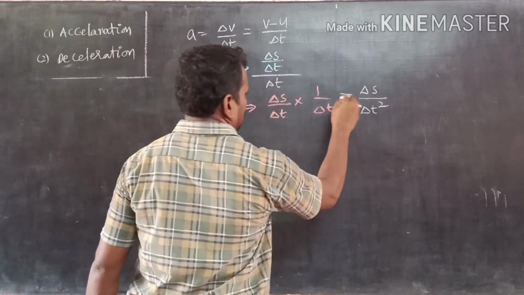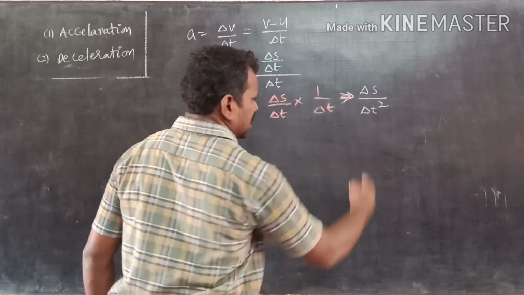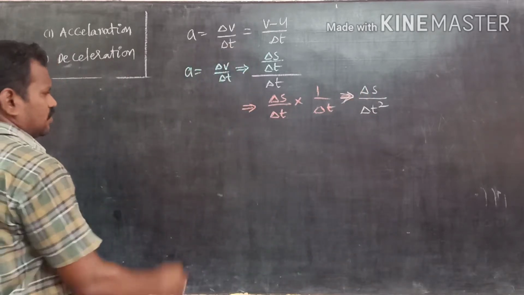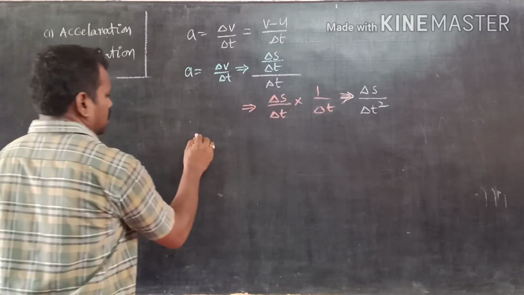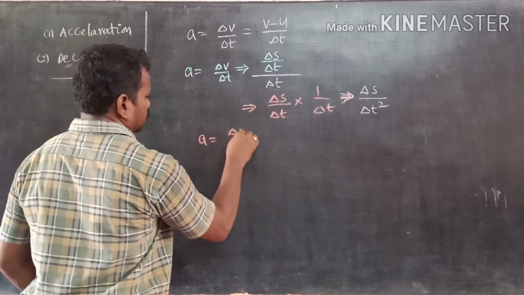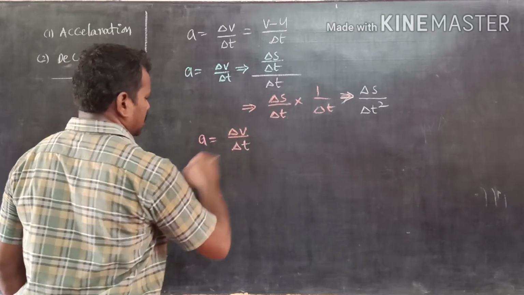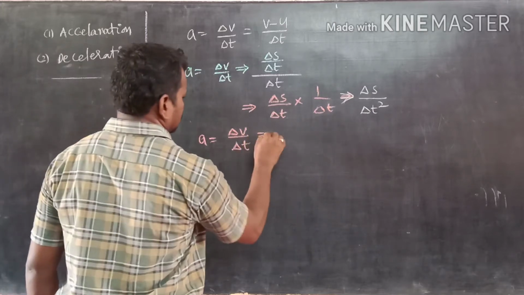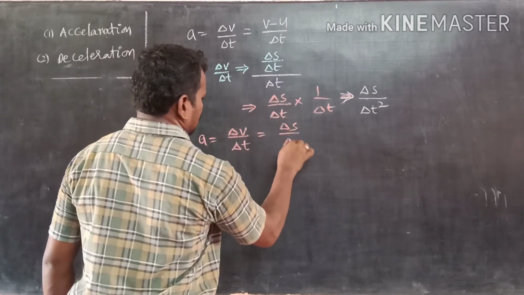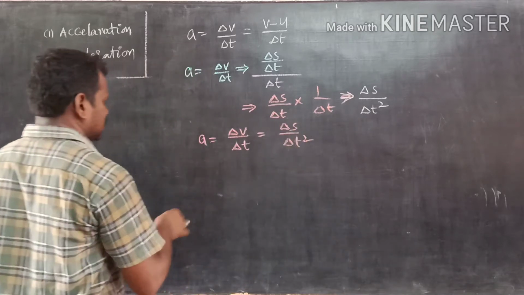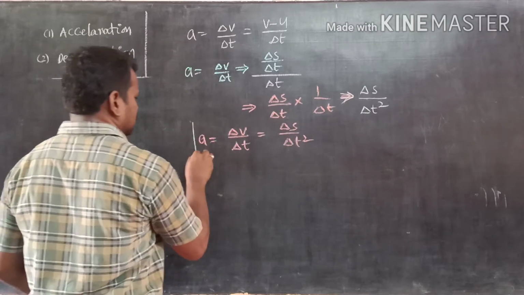That is nothing but displacement by time square. So finally what we got? a = Δv/Δt, that is equal to Δs/Δt². This is the final expression.